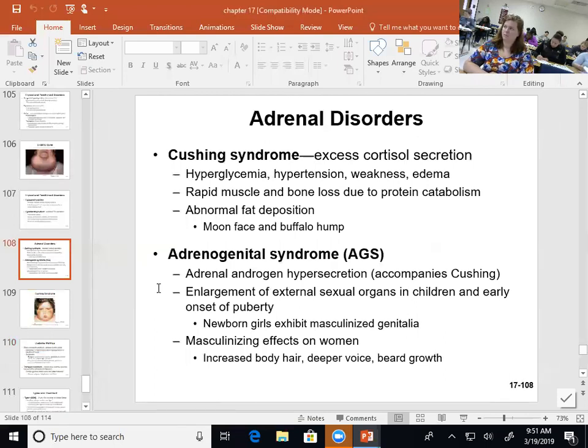And it's usually going to be pretty obvious when that's going on with these little girls. And I don't really know what the standard treatment is going to be for that. I think they've tried not just hormone therapy, but they also have to do some surgical stuff as well. And now it can happen also in women. The onset can occur in women, and we had talked about that.